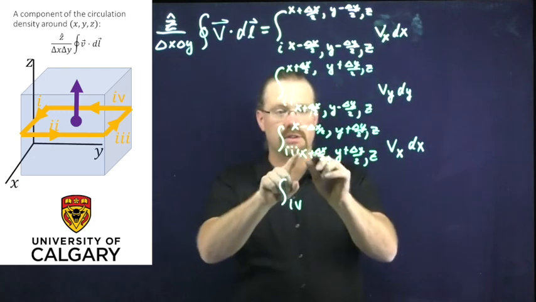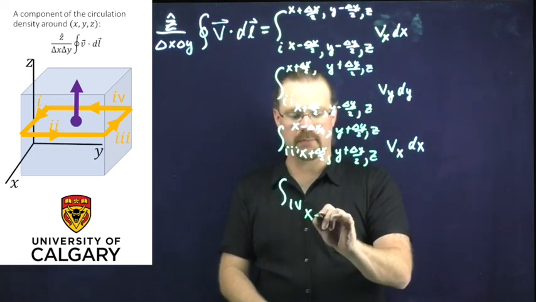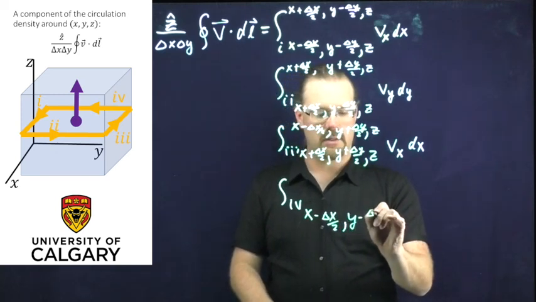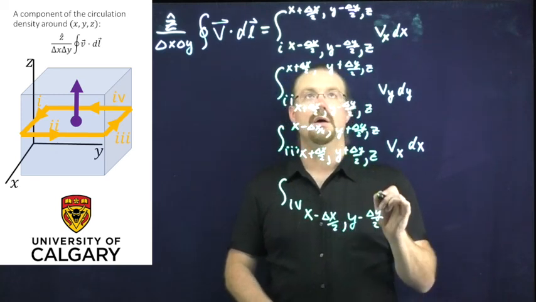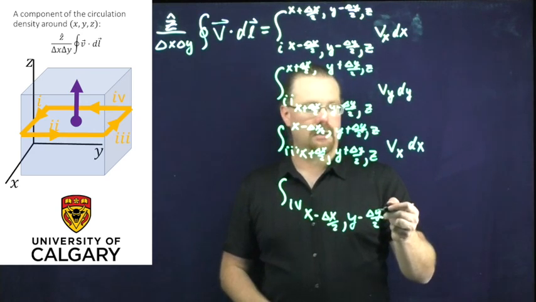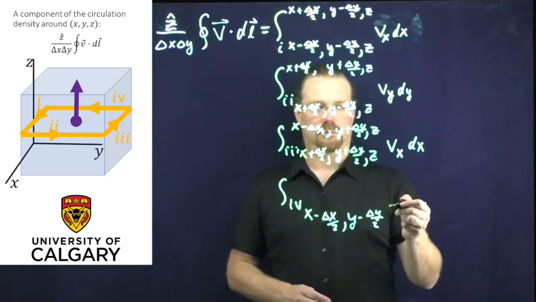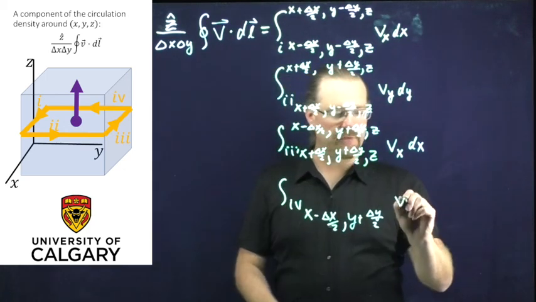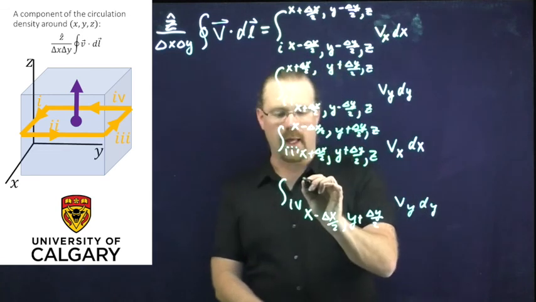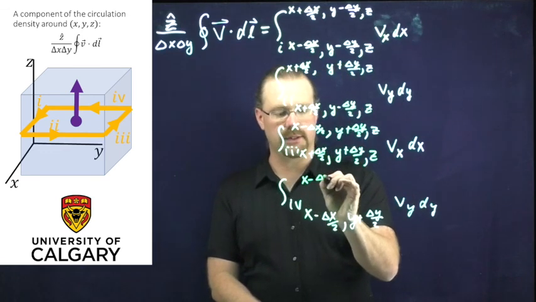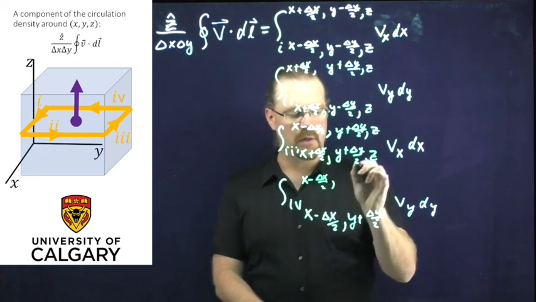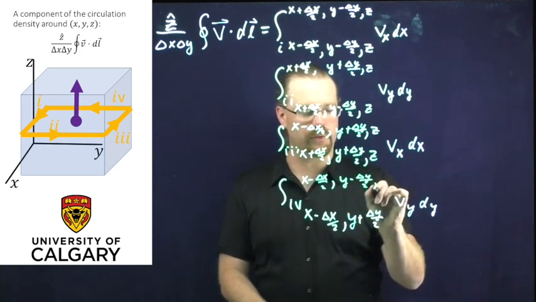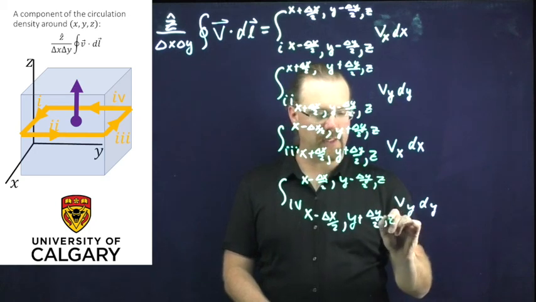And of course our final one, since we're starting at this point, x minus delta x over 2, y minus delta y over 2. We're now changing our, oh, pardon me, that's plus, that's a plus. We're now changing our y, because it's going to be Vy dy, and we're going to keep our x constant, x minus delta x over 2, and going to y minus delta y over 2, staying at z throughout.